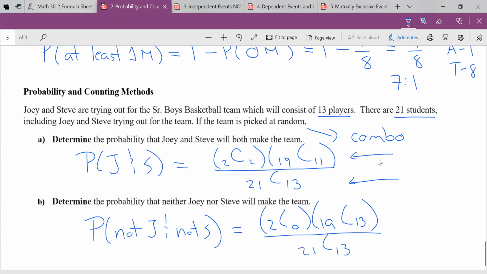Okay, and now all you're going to do is put that in your calculator and find those numbers. And again, leave it as a fraction unless otherwise indicated, unless you're told to round. Okay, my friends, there it is, starting to get together with probability and counting methods.